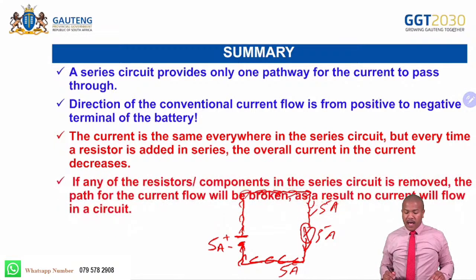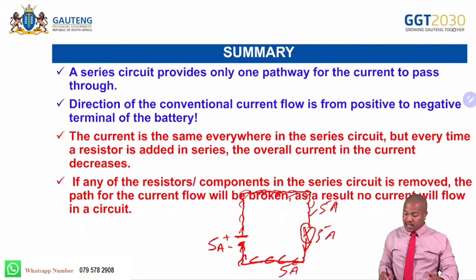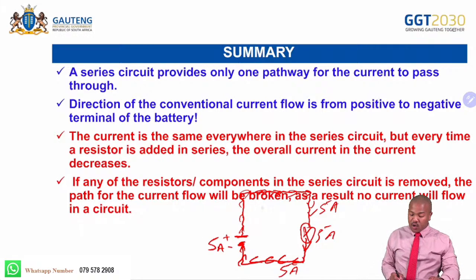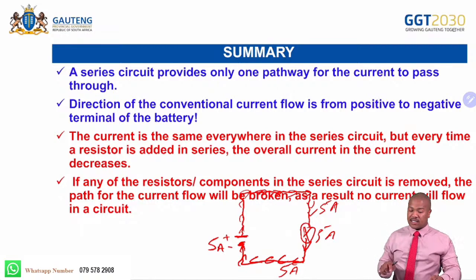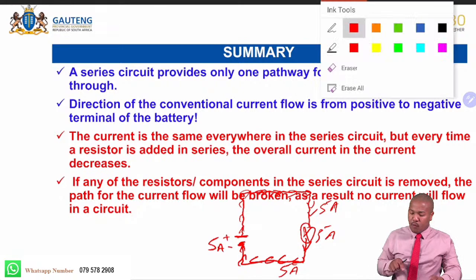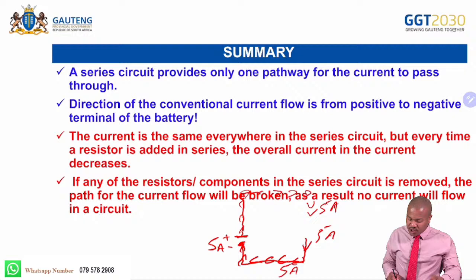And also, if any of the resistors or components in the series circuit is removed, the pathway is going to be what? It is going to be broken, and as a result, no current will flow in that circuit. So now let's try and remove one here. So we have removed the light bulb. As you remove the light bulb, what is going to happen?